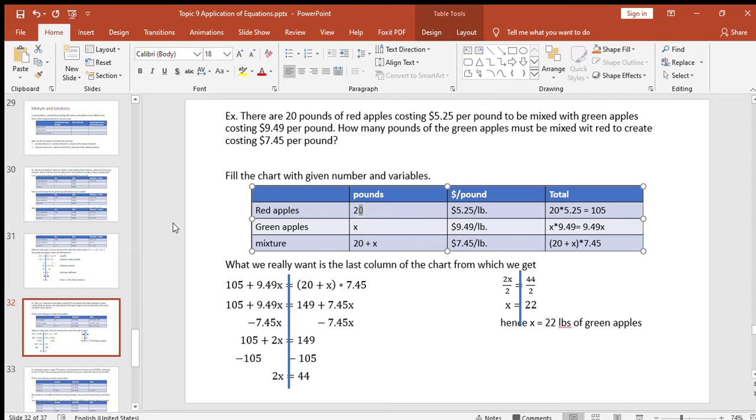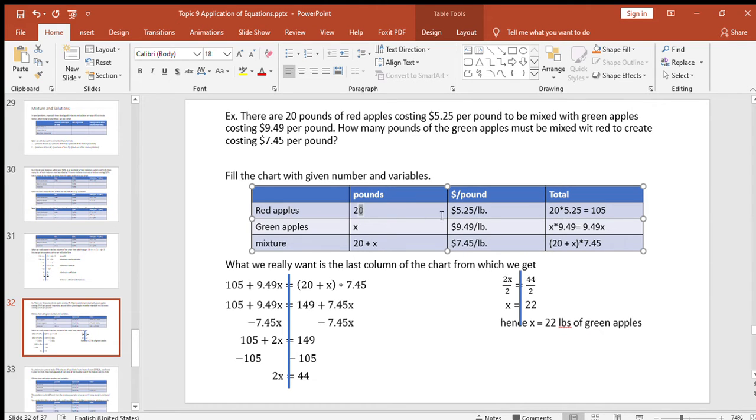Now, basically the same thing as the previous example. Since we don't know how many pounds the green apples will be, we indicate that with a variable x. And since we know 20 pounds is red apples and x pounds is green apples, the mixture should be 20 plus x. And since we know all these numbers, we can find the total.